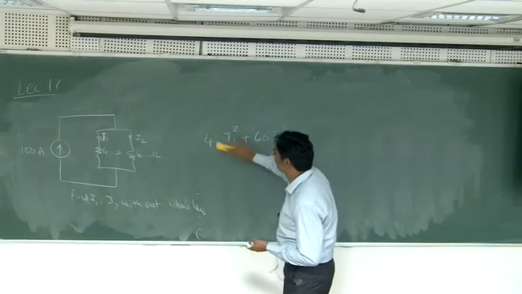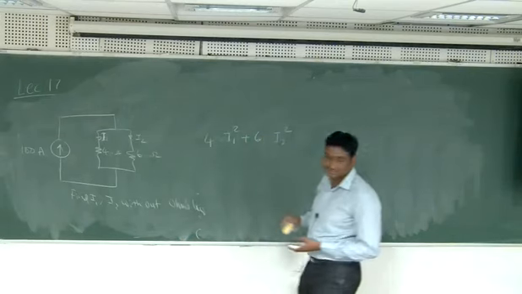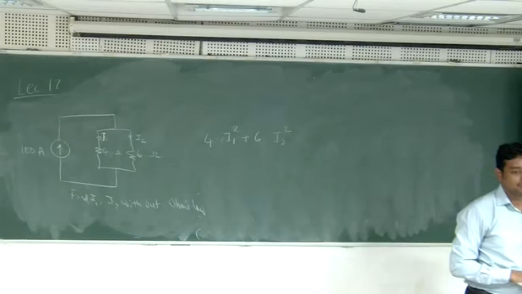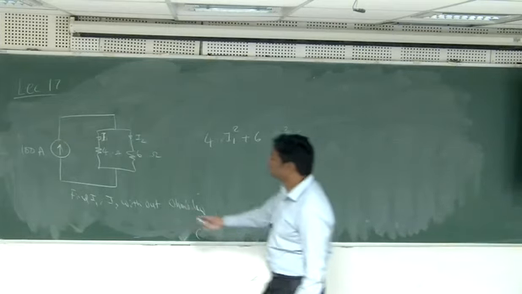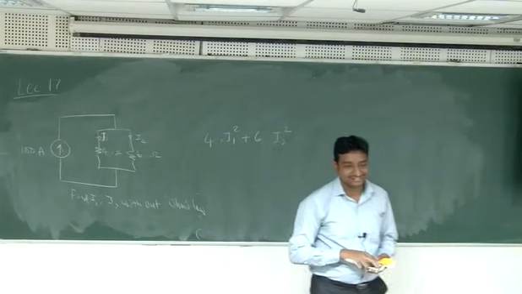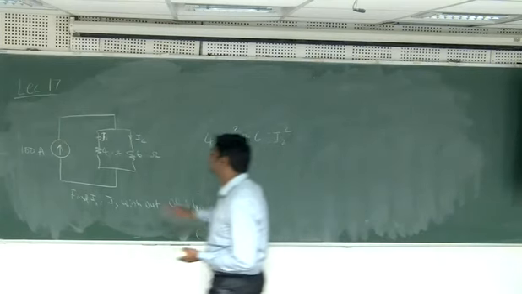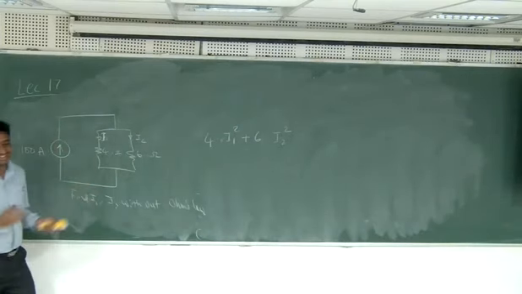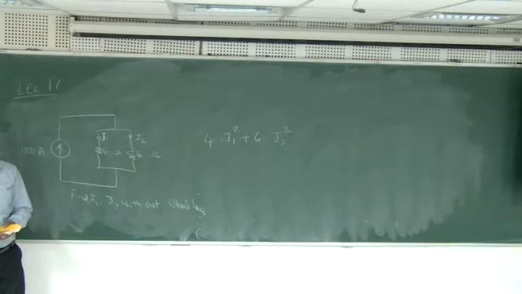So let's do that. No, we don't use Ohm's law. How much is the power loss in this? If I don't have to know Ohm's law to find out how much is the power loss.